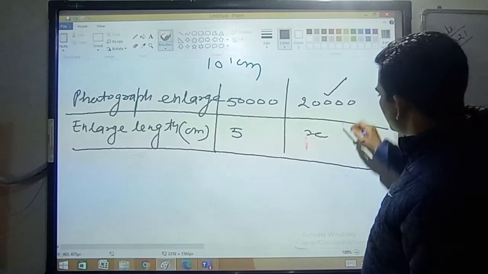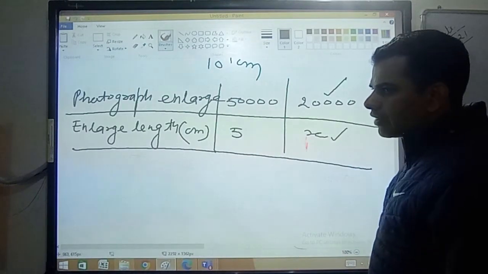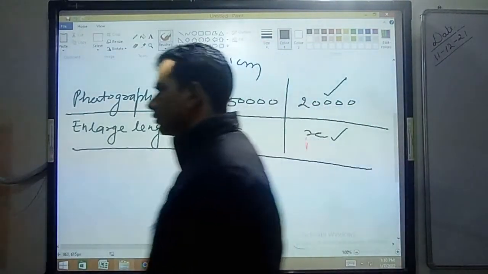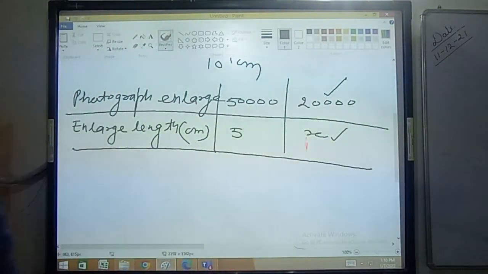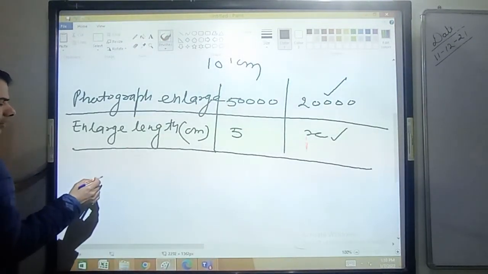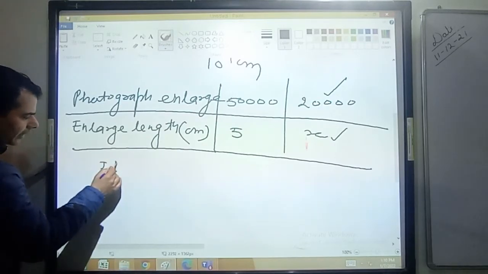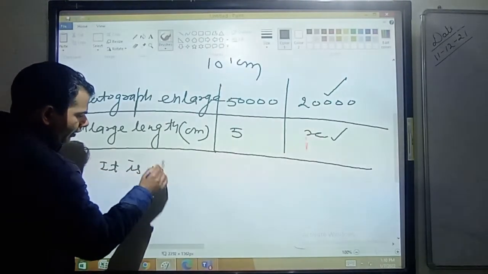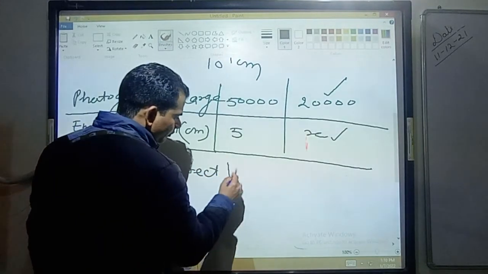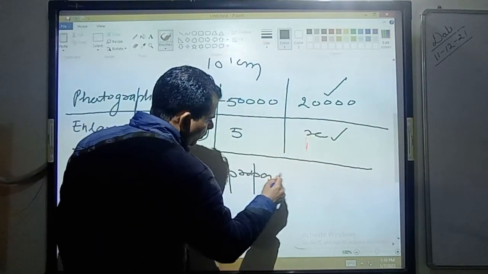If this decreases, it also decreases. So it will be in direct proportion or inverse proportion? It is a direct proportion.